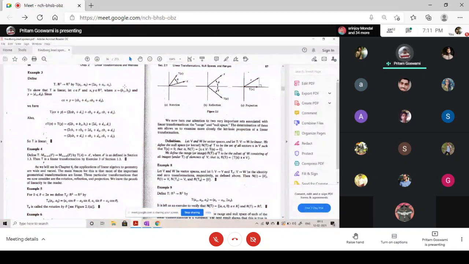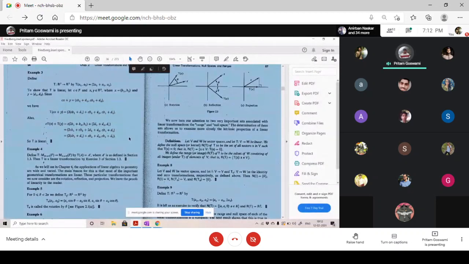You can define T of A1 comma A2 as something like a billion times A1 minus A2 plus 10 billion times A1. The question is, is it a linear transformation or not? They're answering this here. The function can be anything, right?